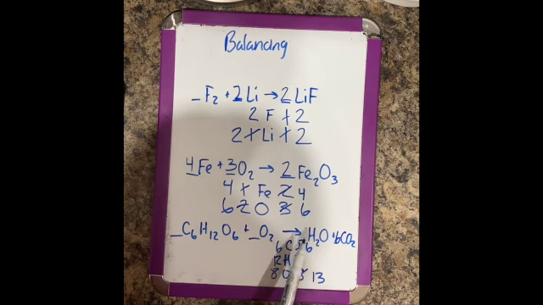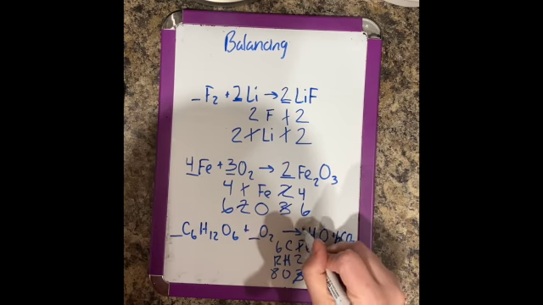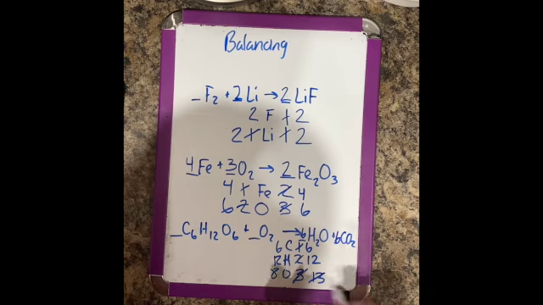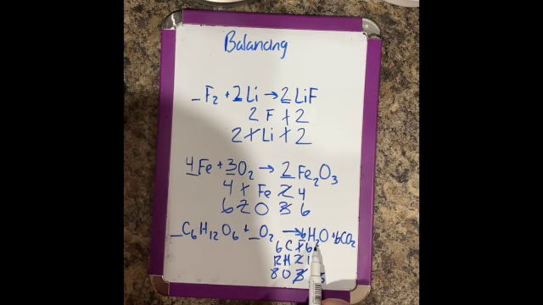So here, what times 2 equals 12? That would be 6. So now we have 12 hydrogen, but that's going to change our oxygen. So now we have 6 times 2, which is 12, plus 6 times 2, which is 12. 12 plus 12 is 24.